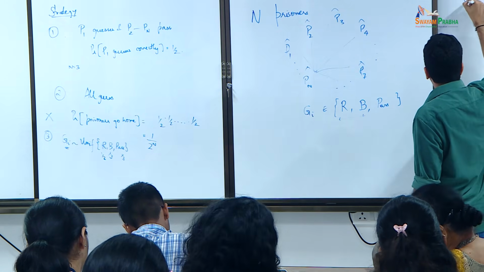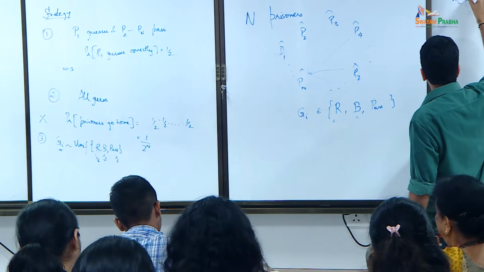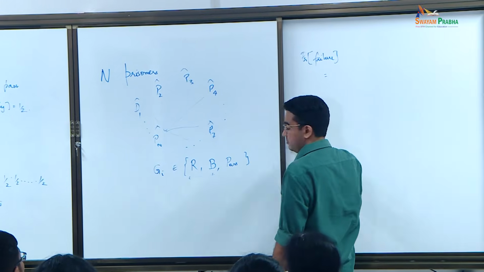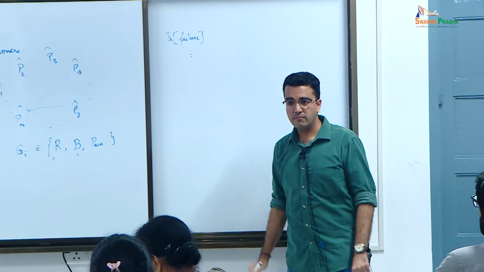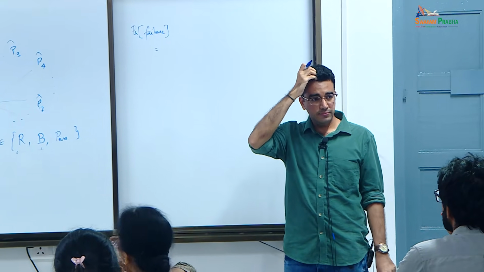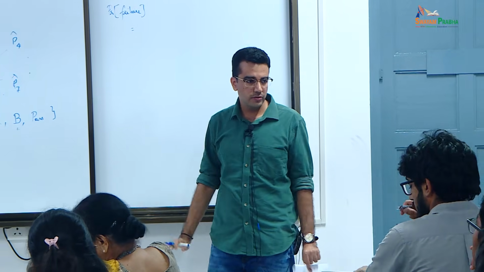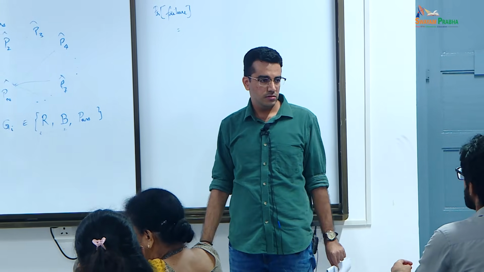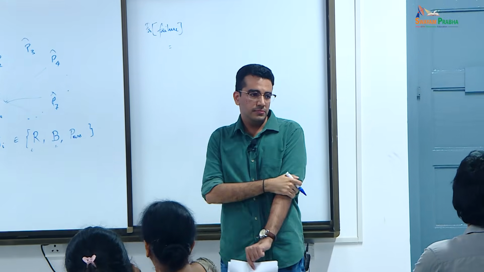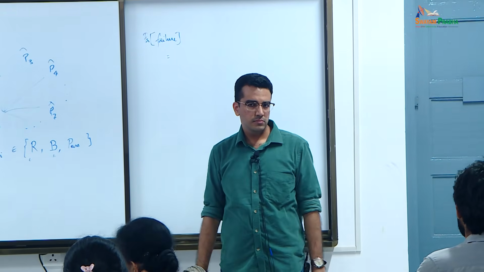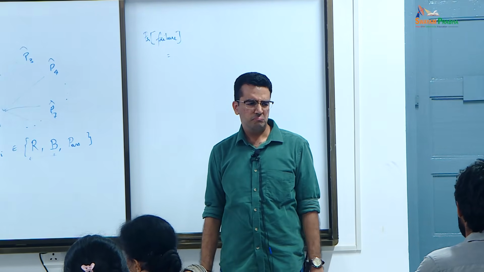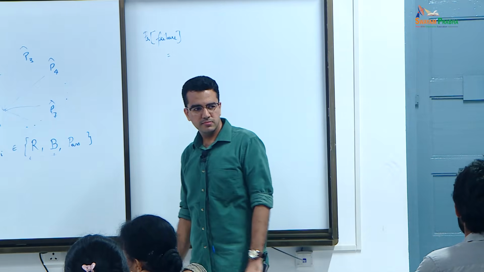Okay, so what is the probability of failure here in the third strategy? 2 by 3. Let's do it slowly. So why 2 by 3 to the n? Each event is independent. The probability of failing is 2 by 3 because they only have... sorry, 1 by 3.